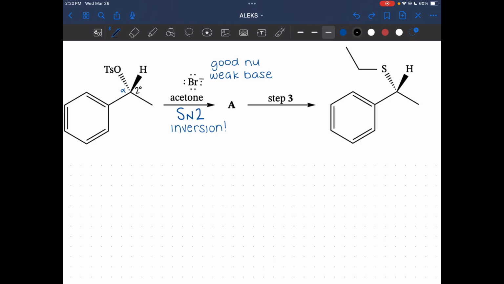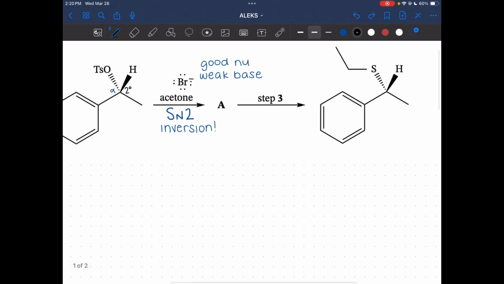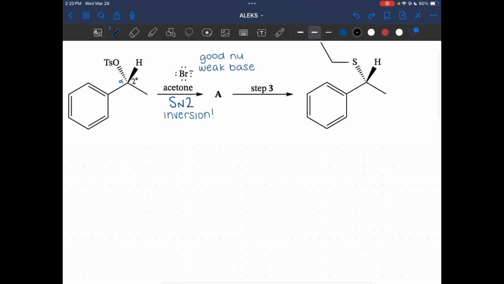But when I do my inversion, when I draw this molecule A now, this intermediate here, I'm going to draw it down here. Everything will stay the same except for that stereocenter. So my H and OTS are basically going to flip places.